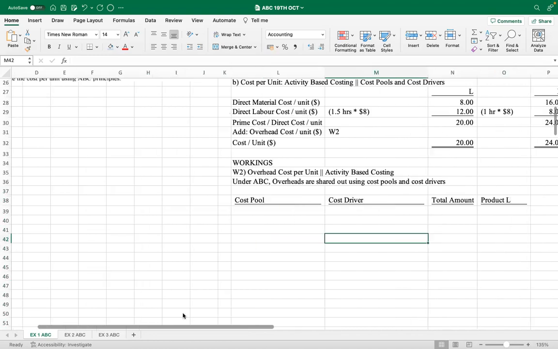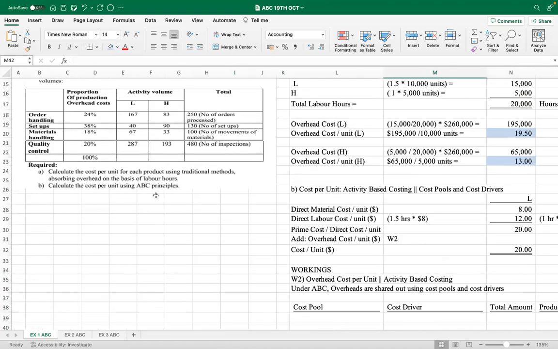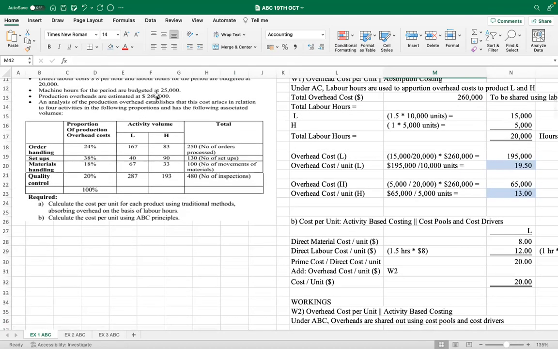So what are the cost pools in the equation? Remember, we said the cost pool is an activity that consumes resources. The total overhead cost was 260,000, but you are told to share them in these proportions. 24% goes to order handling, 38% to setup costs.